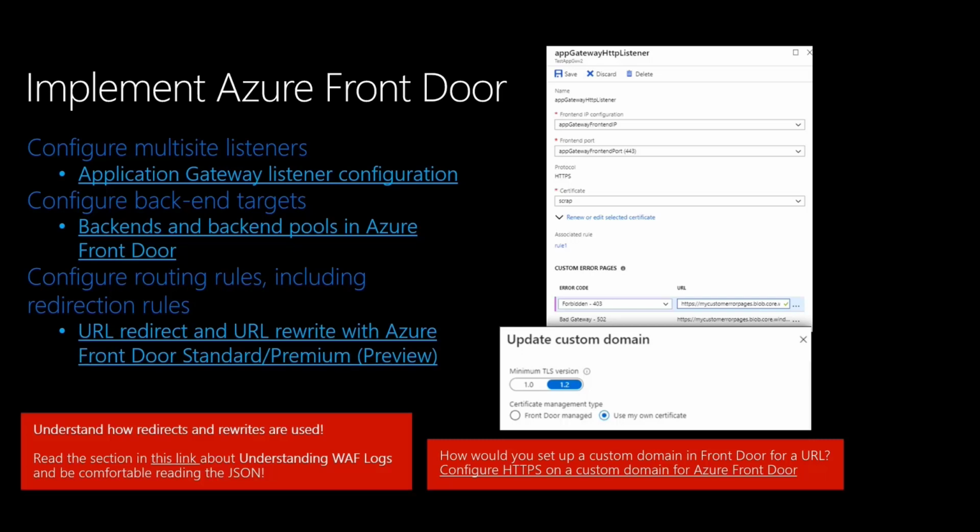This box may be on the wrong slide, but nonetheless, make sure that you do research that information. The link at the bottom of the larger box about understanding WAF logs has some examples of the JSON in the WAF logs. Read those over. Make sure you understand where you could configure things to make something work if there was a failure, or how you could reconstruct that JSON so that failures are eliminated.